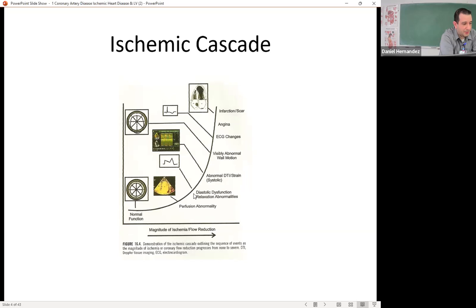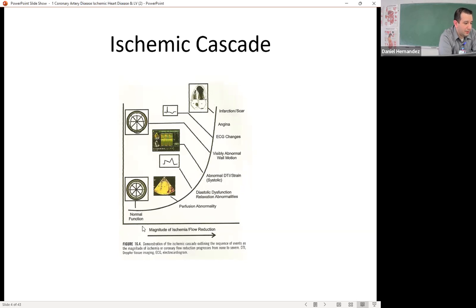We're able to see changes in diastolic dysfunction and strain imaging before we see any visual wall motion abnormalities, and before the patient actually develops that chest pain. The last thing on that ischemic cascade would be the actual infarct, or thinning of the myocardial wall, and the potential development of scar.